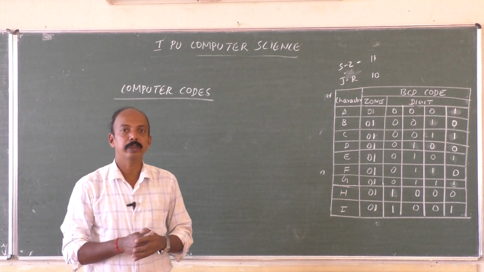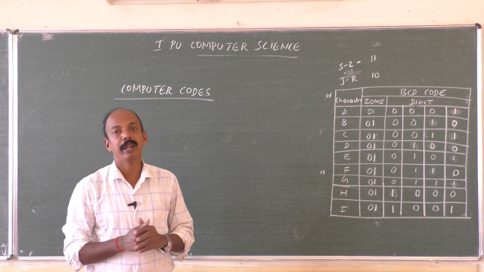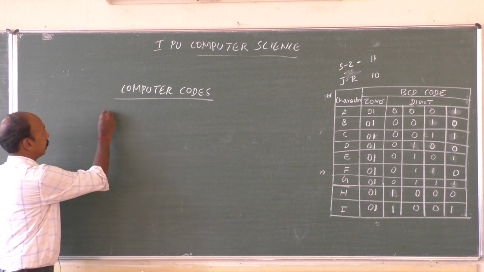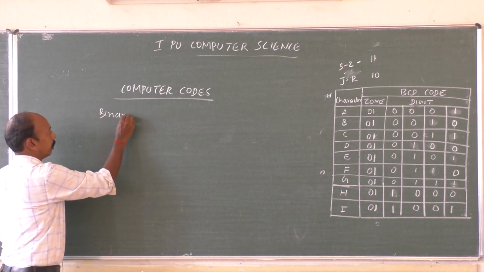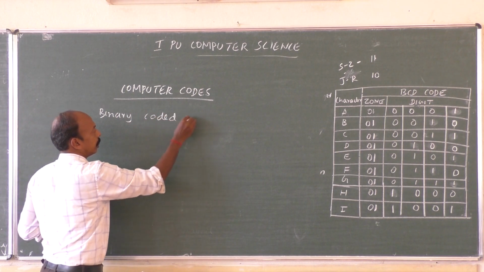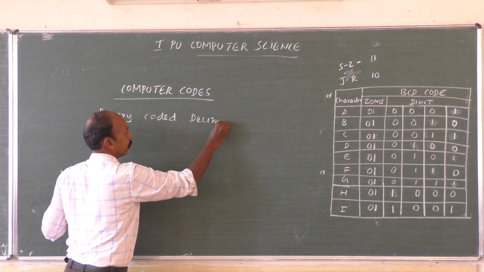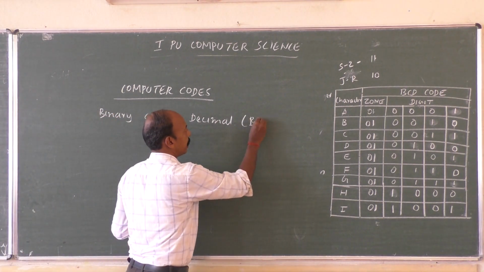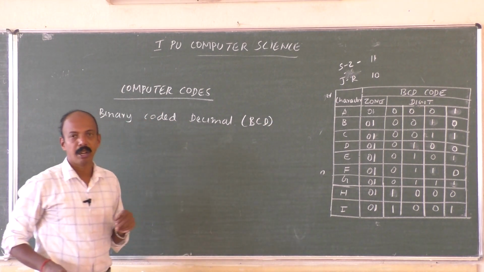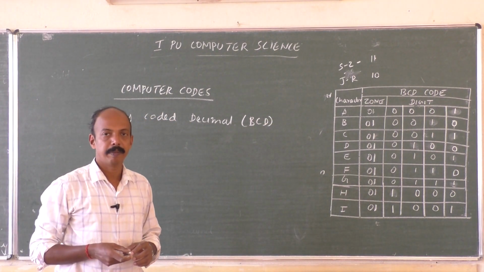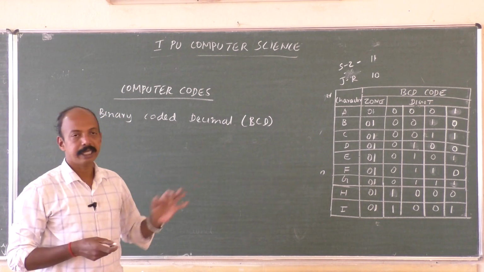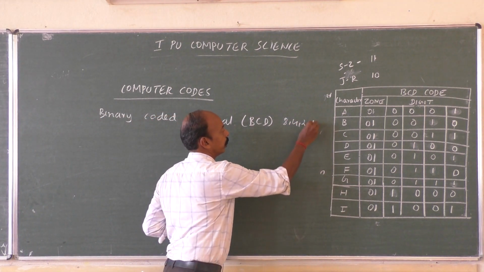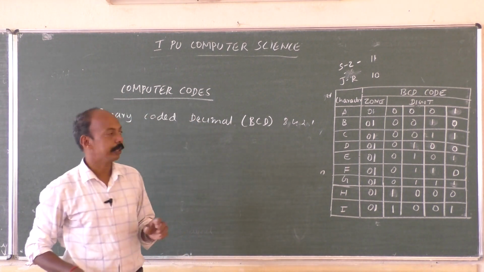And when we store these zeros and ones in the memory, we have to store them in some format. There are different types of codes. One is binary coded decimal, that is also called BCD, or weighted binary coded decimal, or it's also called 8421 code with respect to its position.